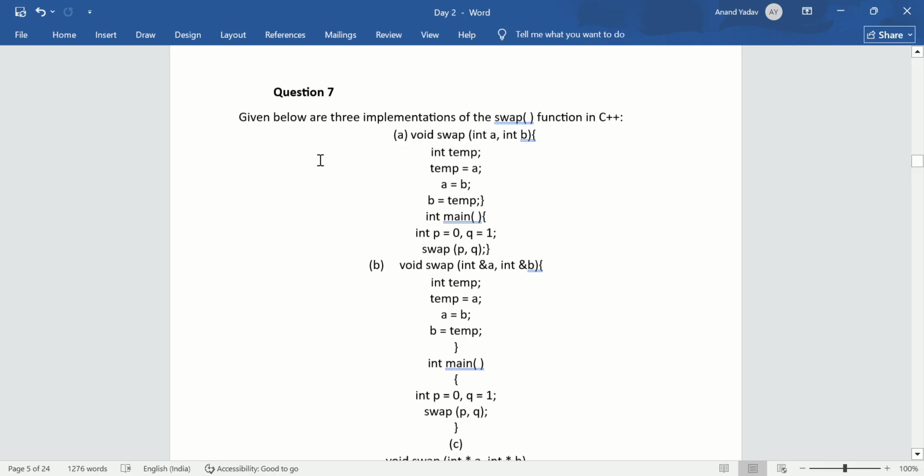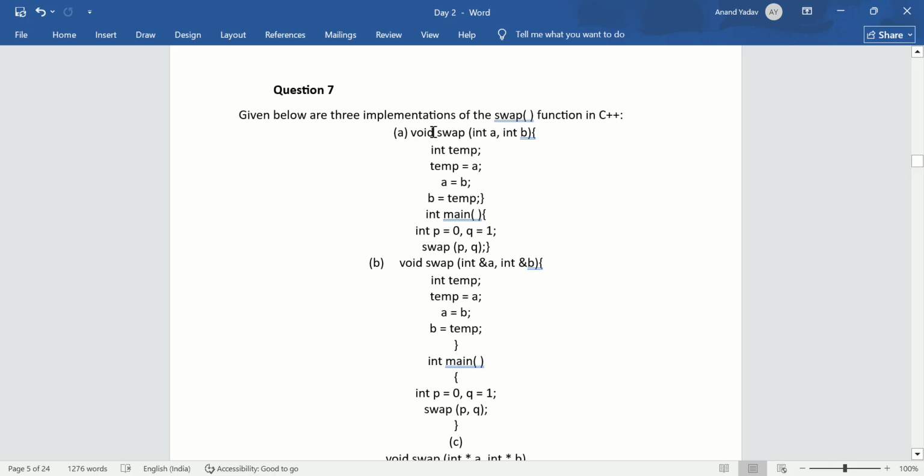So next question is question number 5. Given below are three implementations of the swap function in C++. Void swap, int a and int b, int temp is equal to a, a is equal to b. Three functions are given of swap.